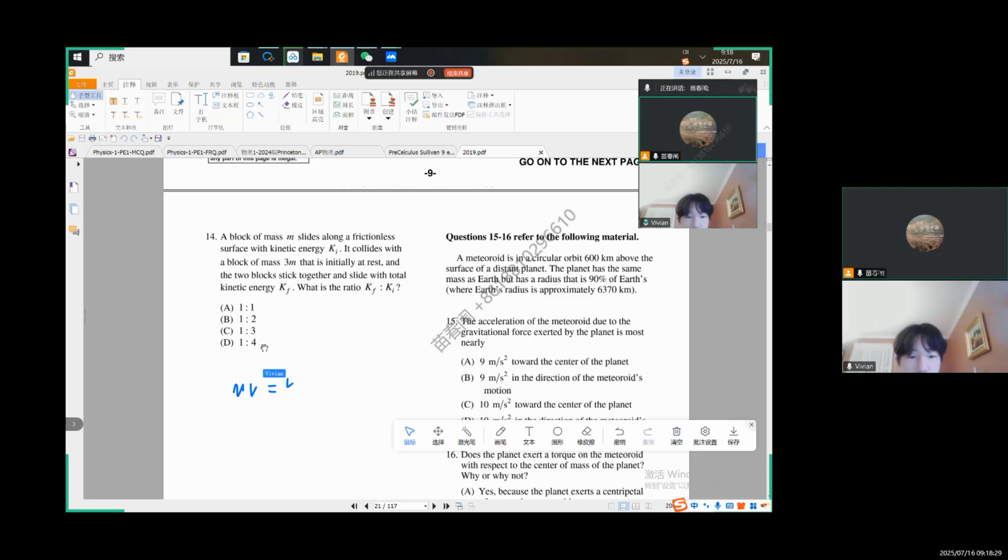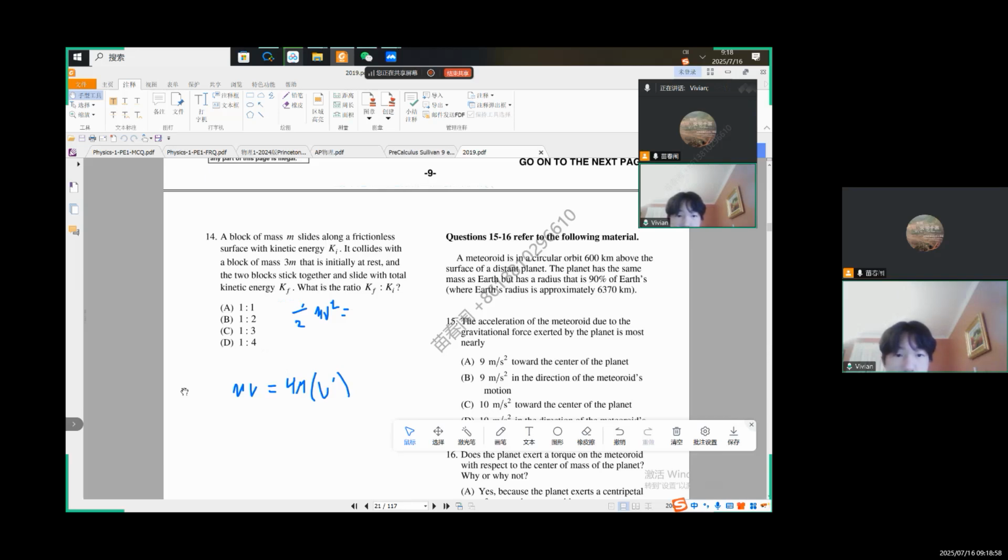So it's 4m times v prime. What is the ratio kf to k initial? 1/2 mv squared equals. Oh wait, this one, energy isn't conserved, right?